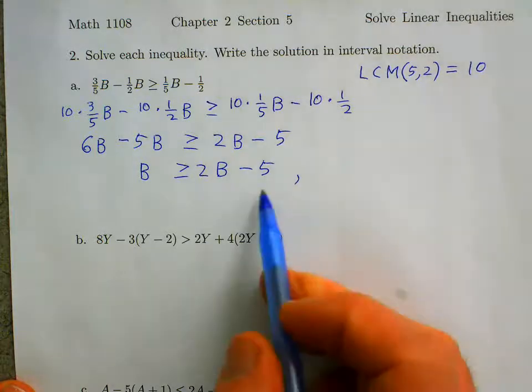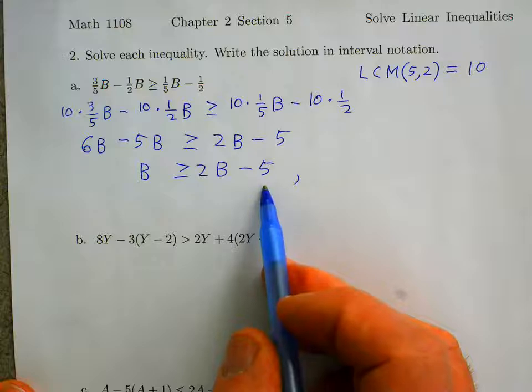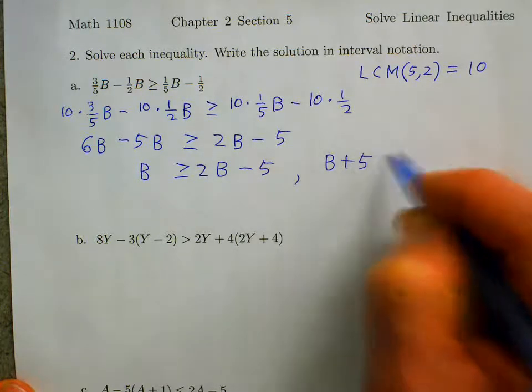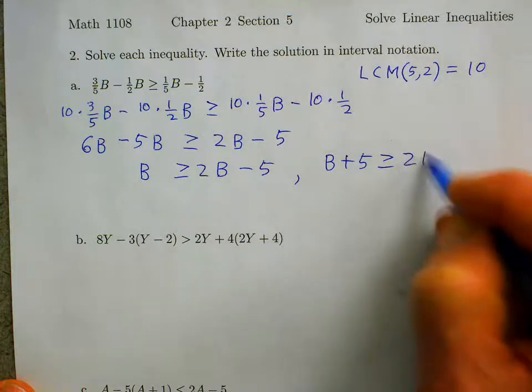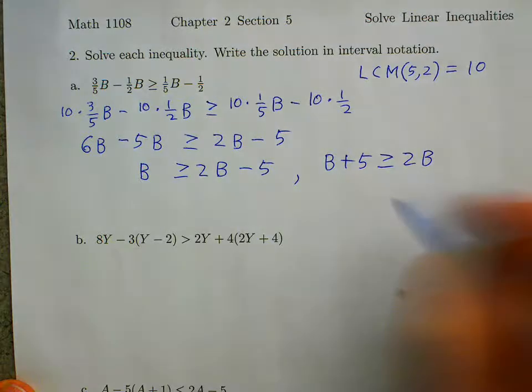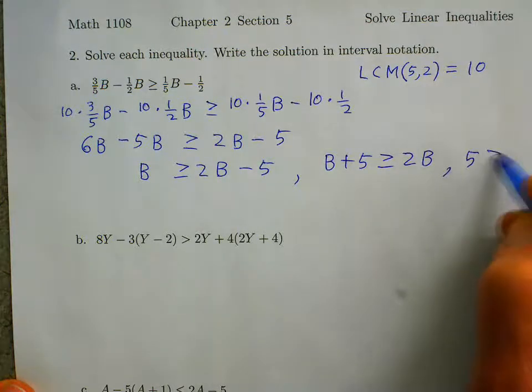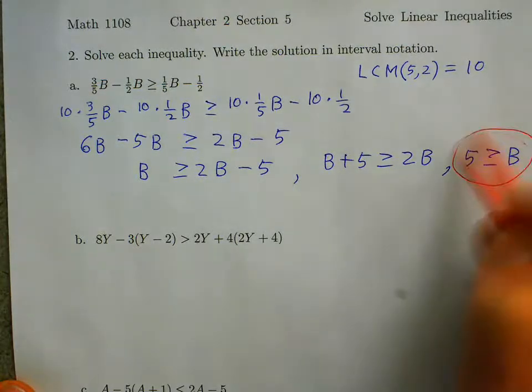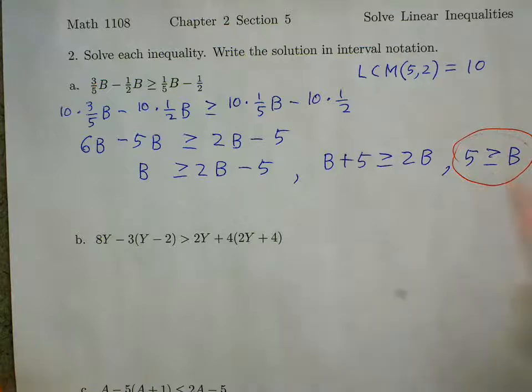So I'm going to add 5 to both sides to get b plus 5 is greater than or equal to 2b. And then subtract b from both sides, so we get 5 is greater than or equal to b. So 5 is greater than or equal to b.